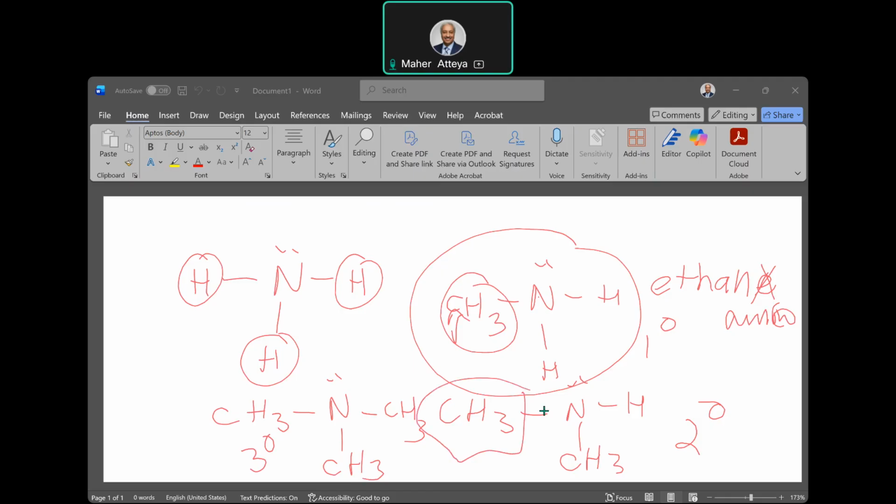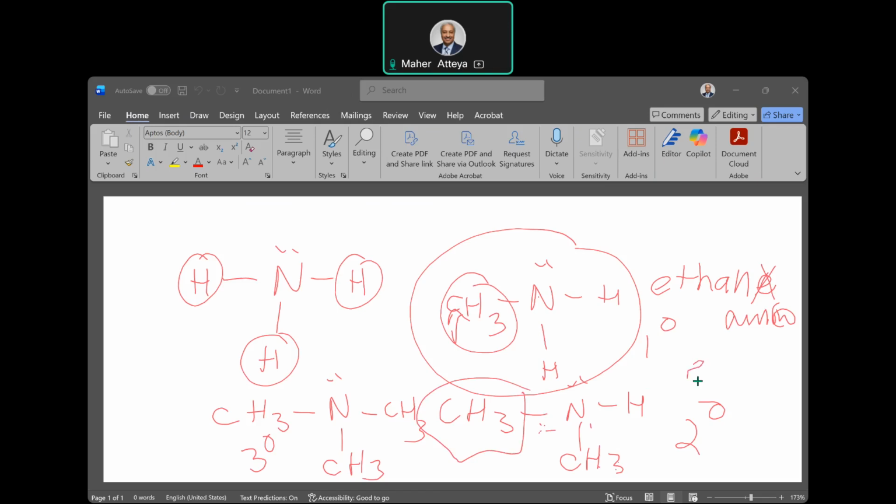The common name will be dimethylamine, but we can name it by one carbon as methane, and then you can hook up N-methylamine.